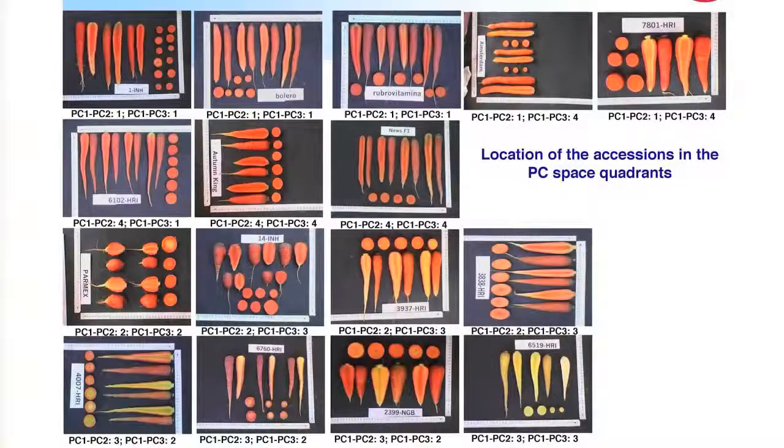Here, in the first row, you have the samples that fell in quadrant 1, the ones with positive external character acceptance and positive gustative aroma and sweetness acceptance, and so on for the other quadrants. And you see some of these long and conical shaped carrots beside Amsterdam also here.